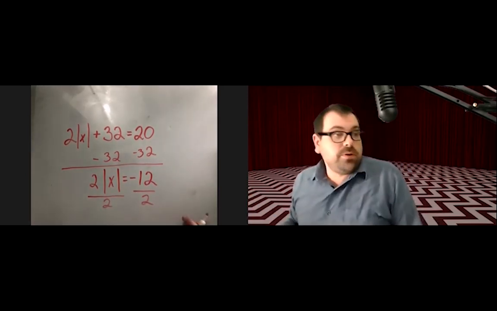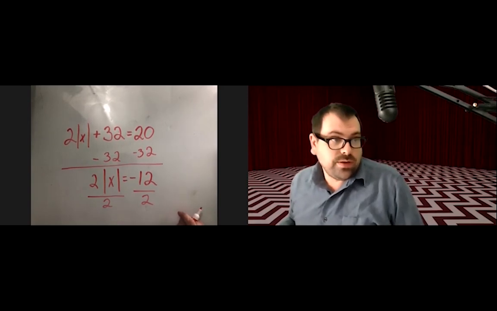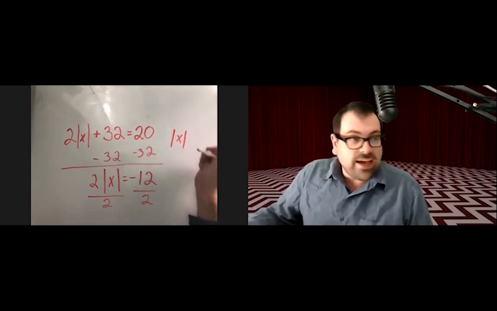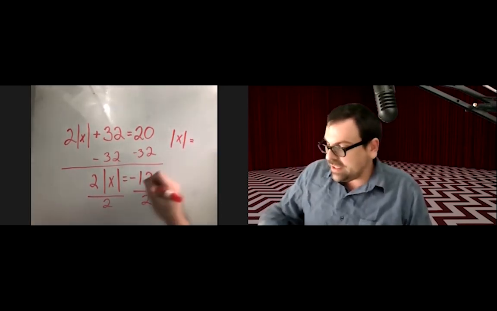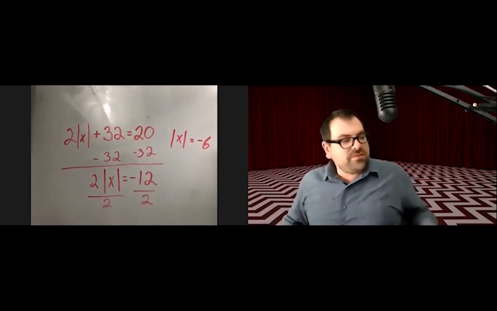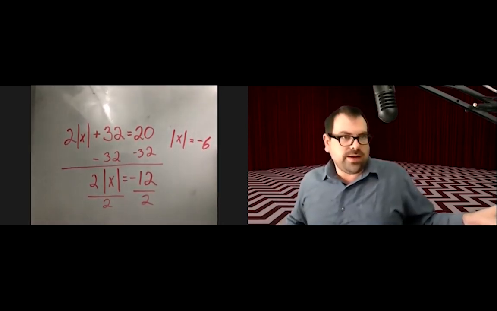That means I'm going to divide both sides by 2. That's going to leave me with the absolute value of x on the left, and negative 12 divided by 2, negative 6 on the right.